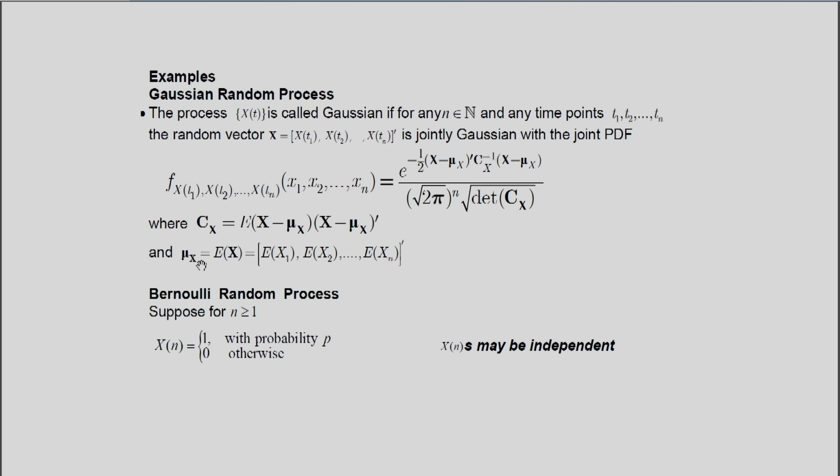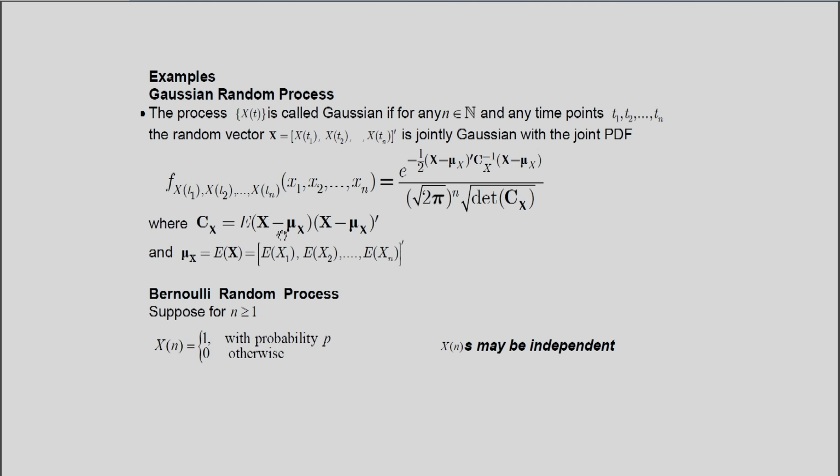Now mu x is a vector. This is the expected value of this vector, E of x. So mu x is E of x, that is equal to, component wise I will take the expected value, that is E of xt1, E of xt2 up to E of xtn transpose.